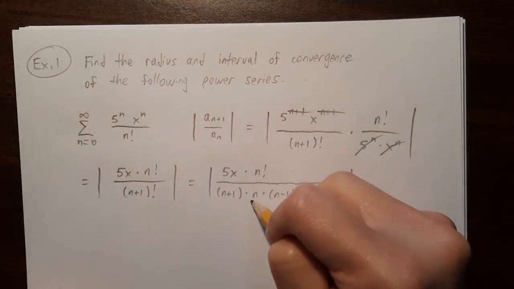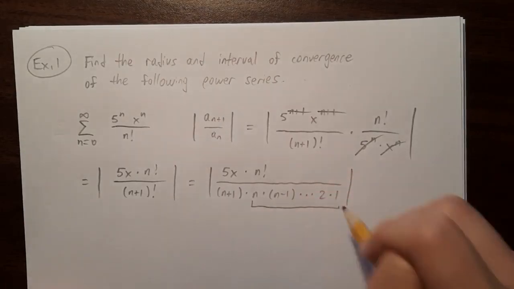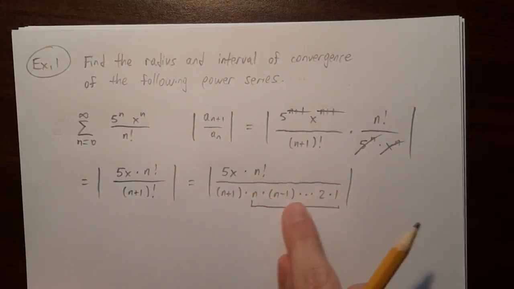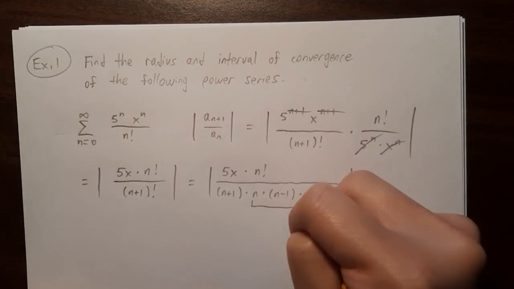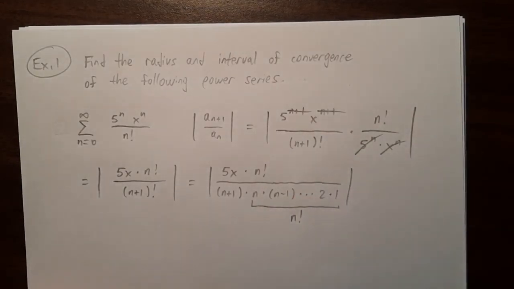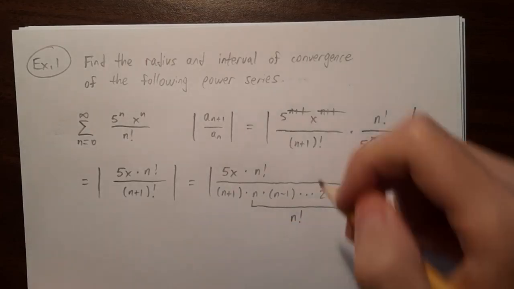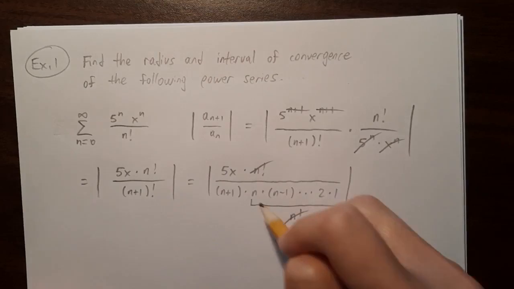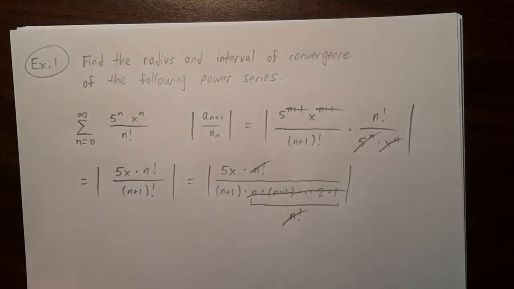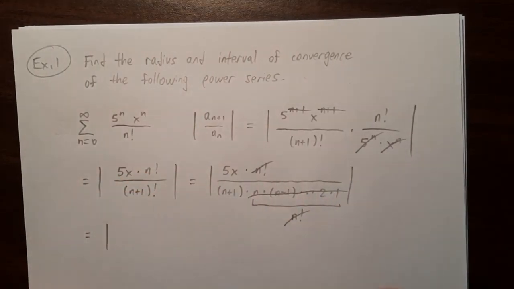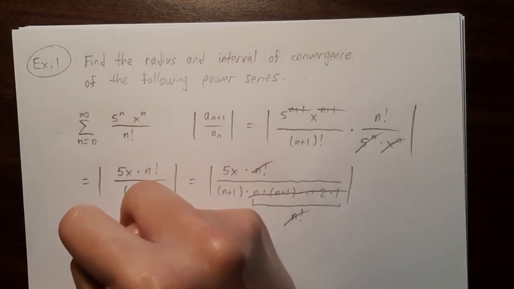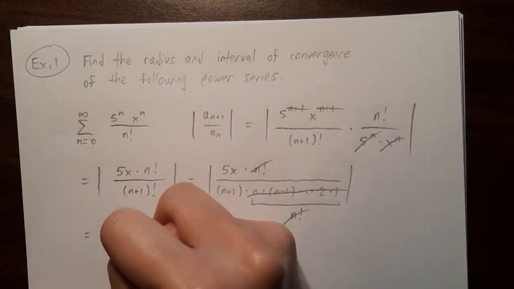But here is the idea. This piece of the entire factorial expression, n times n minus 1 all the way down to 2 times 1, well, that's just the definition of n factorial. n plus 1 factorial is just n factorial, except you tacked on an additional factor at the end. So in that case, this is going to cancel with all of these. And so what we're left with is the absolute value of 5x over just n plus 1.